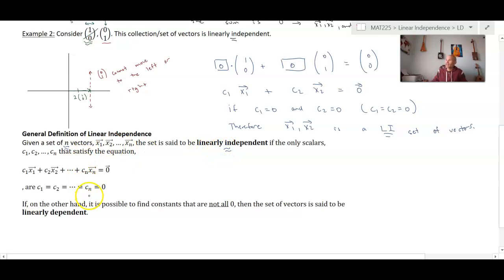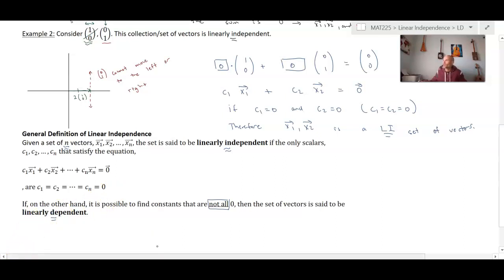However, if on the other hand it is possible to find constants that are not all 0, and that's the operative phrase here, not all. If one of them is 0, that's not a problem. We just want to make sure that they're not all 0 in order for us to call them linearly dependent.